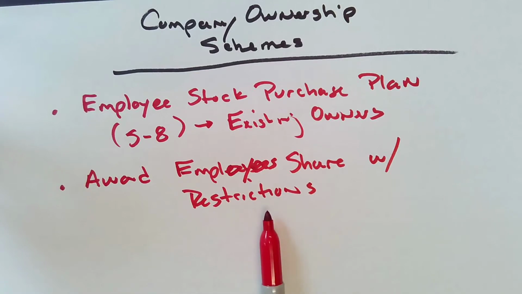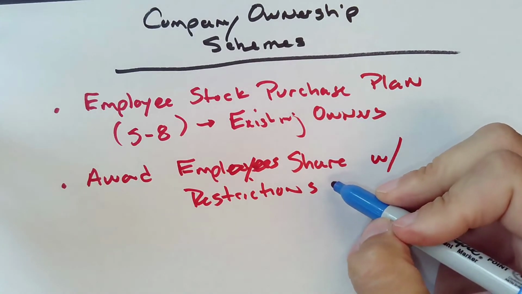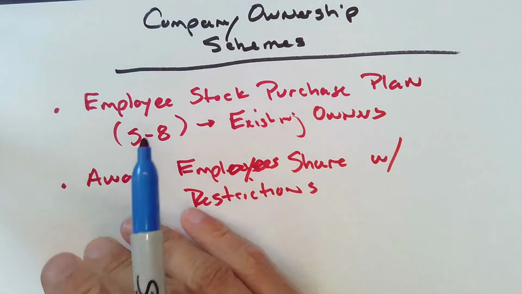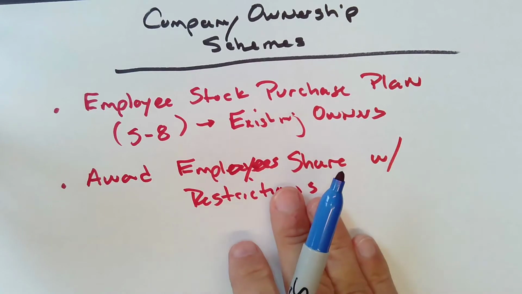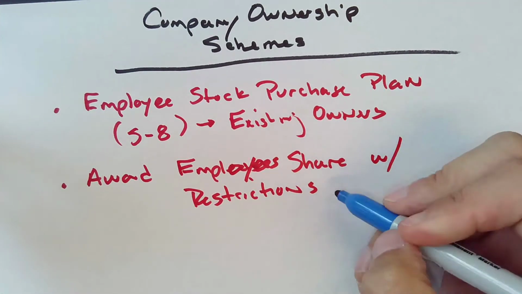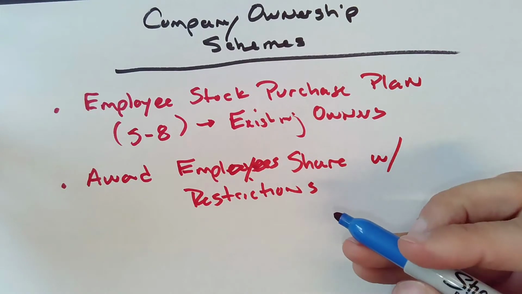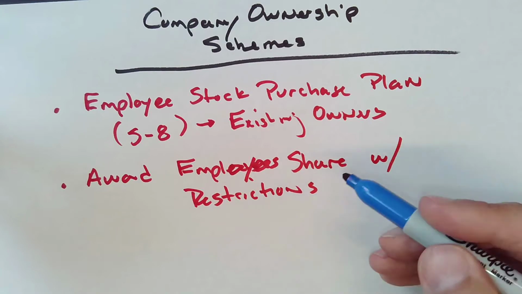We want those restrictions in place because these restrictions are likely related to you don't actually get the shares until you've done what we want you to do, right? So until you have really earned them.